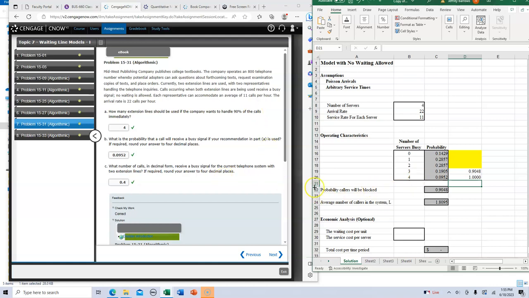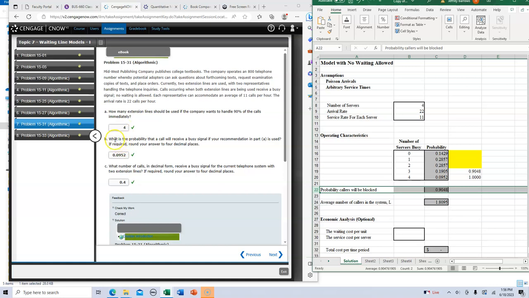And so in this case right here, we have exceeded 90%, and we have done that by adding 2 additional servers, which takes us up to 4. So the 4 that you see here, and again, making sure that you look at the probability callers will be blocked at this 0.90. The fact that this exceeds 0.9 will answer this question for you here.